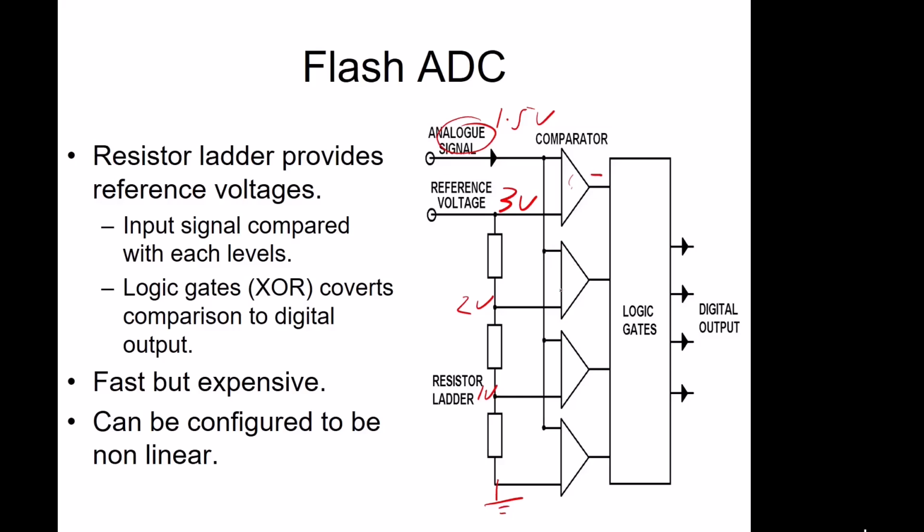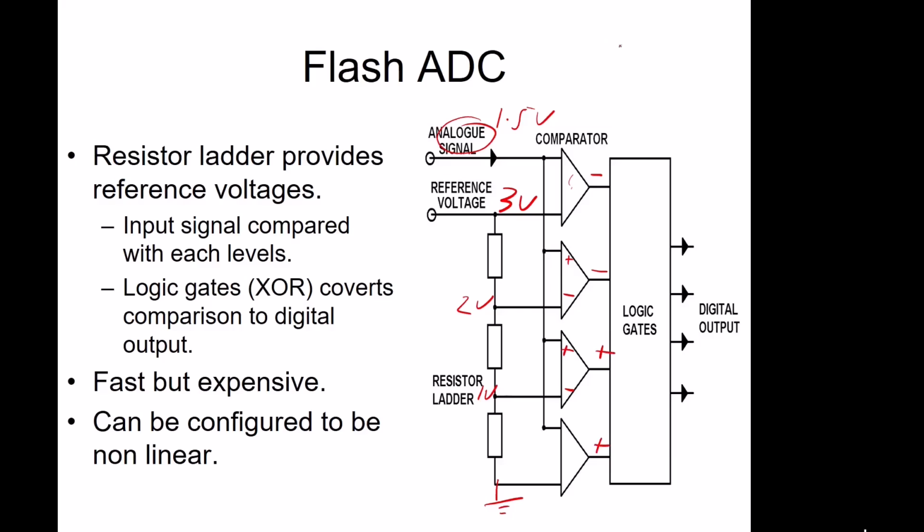On this comparator, you're comparing 1.5 volts against 2 volts, so it'll be negative. On here, if that is positive and that is negative, that'll be a negative output. In this case, you're comparing 1.5 to 1, so that'll be a positive and a positive here.